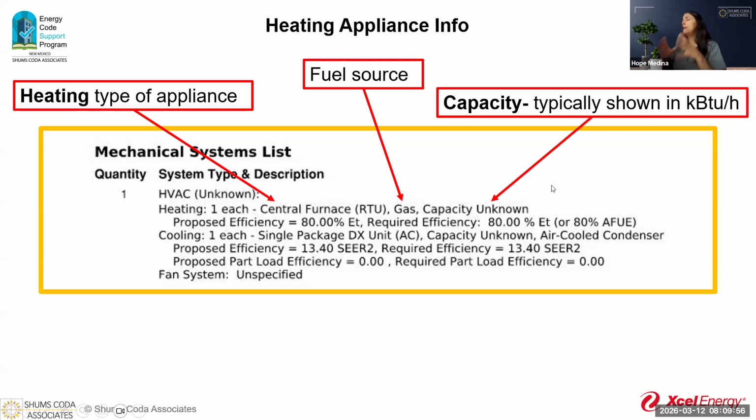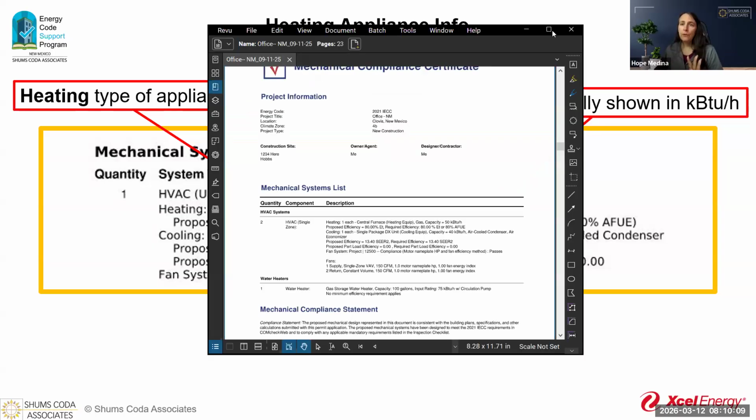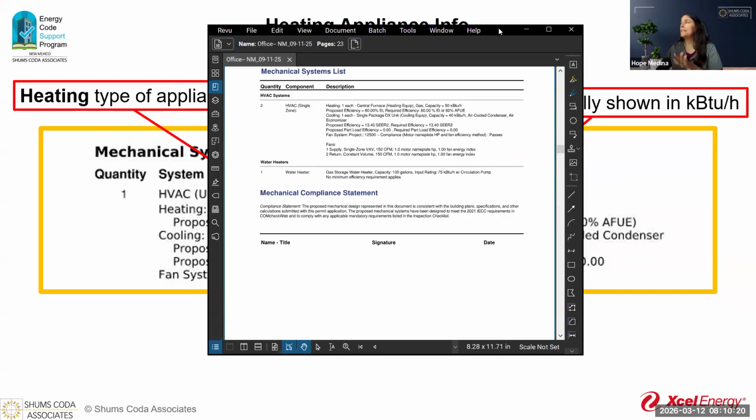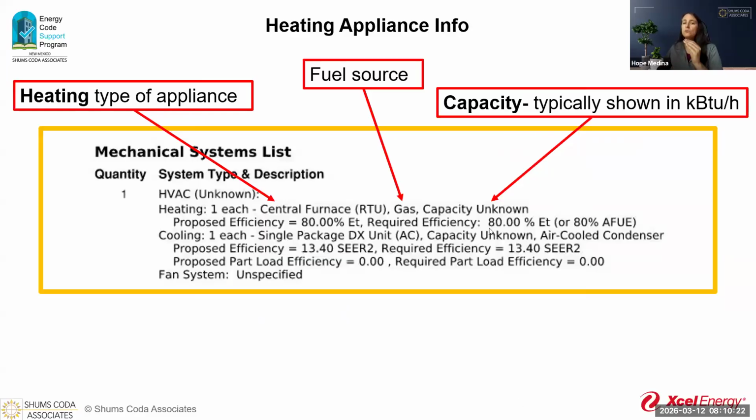I have this one on here just so that you can see that there are times that it could potentially be shown as unknown, but if we look at the one here in the same location, this one is telling us that it's 50,000. So I just wanted to show the two examples on here.